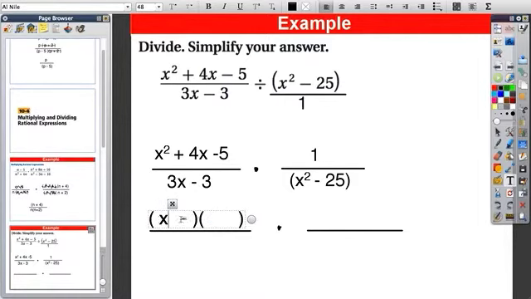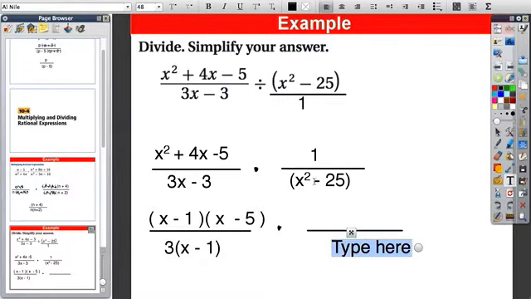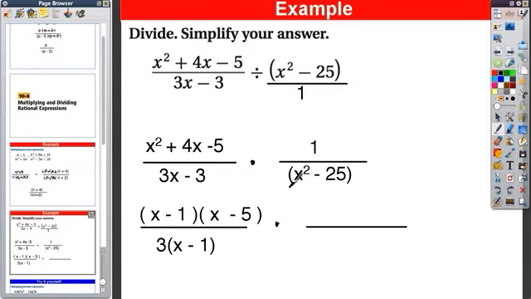So x minus 1, x minus 5. The bottom greatest common factor here is 3, so I'm pulling the 3. So I'm left with x minus 1. And then here, remember that this is difference of squares. This is x, and then 5, and negative 5.